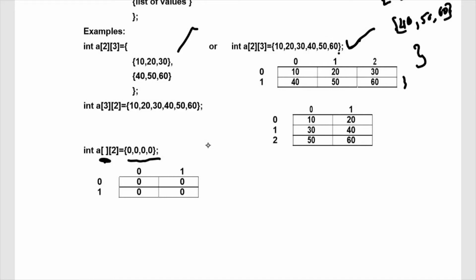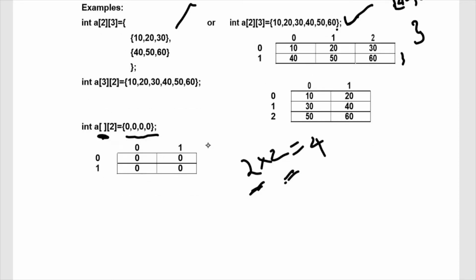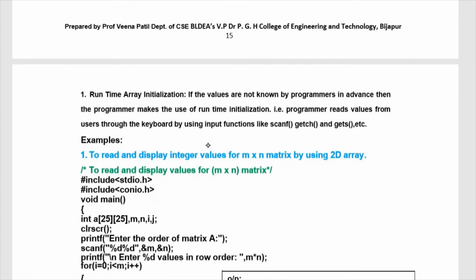But the number of values that I have given here is 4. So it will automatically understand that there are 2 columns. So it will find out how many rows are needed to store 4 values. So 2 into 2 is 4. So it will create 2 rows and 2 columns. Right.